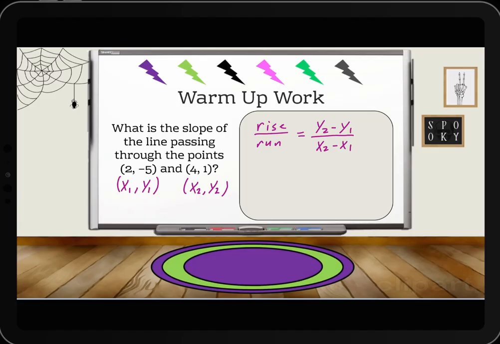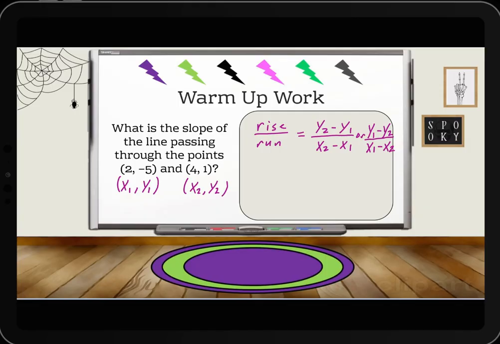It's also important to remember that you are allowed to do y1 minus y2 divided by x1 minus x2 as long as y1 and x1 are always over each other and y2 and x2 are always over each other. It is acceptable. So for me here, I'll go ahead and use my approach with the first one.